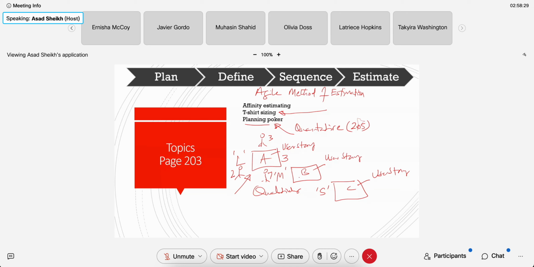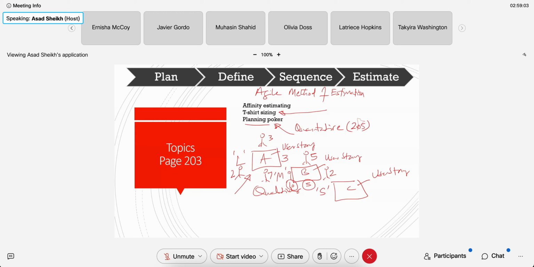Again, for user story B, they each are going to come up with a number. This one says, oh, I think it's going to take me 5. Oh, I think it's going to take me 2. Oh, I think it's going to take me 10. Because this one is too high compared to these two, they're all going to talk to him. So why do you say it's 10? I'm saying 5, I'm saying 2, you're saying 10. Then after discussion a couple of times, they're going to say, okay, it's 5.